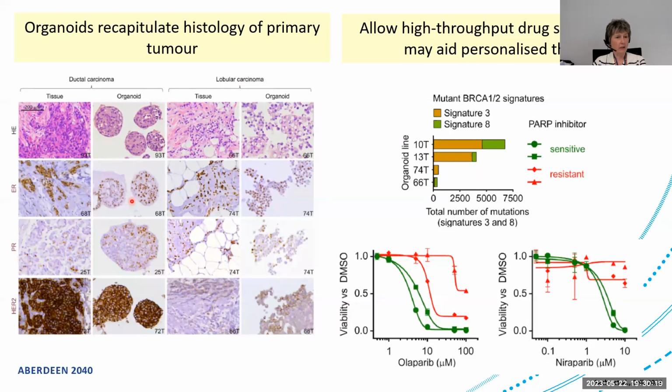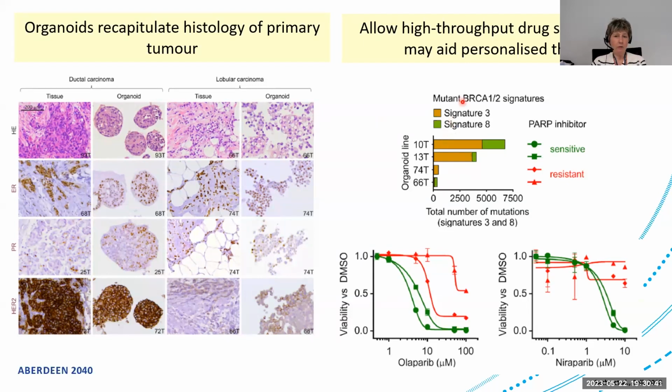You can see that, importantly, all of these organoid models maintained the same biomarker profiles as the tissue from which they were derived. So, real conclusive proof that these organoid models are equivalent to what you would see in a breast tumour.